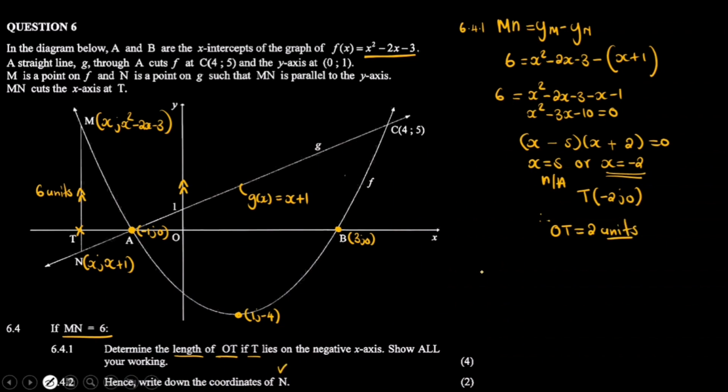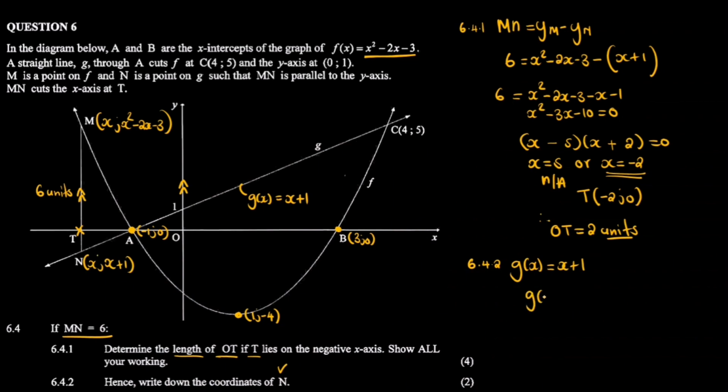Now 6.4.2, they're saying hence you must then write down the coordinates of N. We know that we have the graph g of x, which is the straight line x plus 1. And remember, the x coordinate at T is negative 2. So it's going to be the same as the x coordinate at N, which is negative 2. So if x is negative 2 and you're looking for the y coordinate, you just have to substitute that.